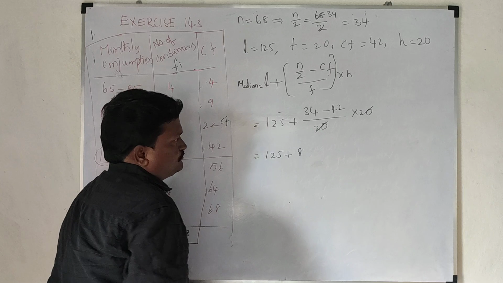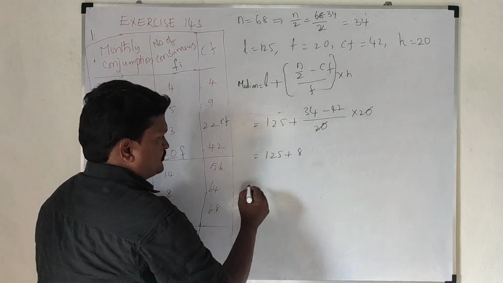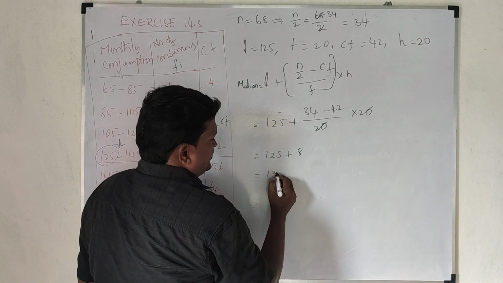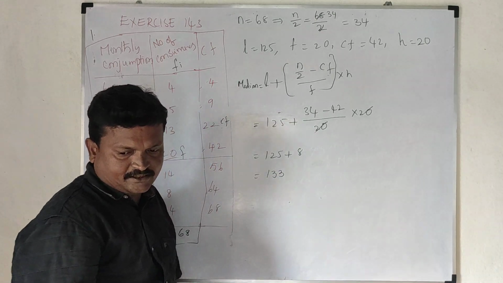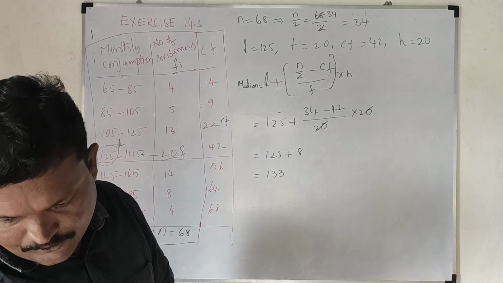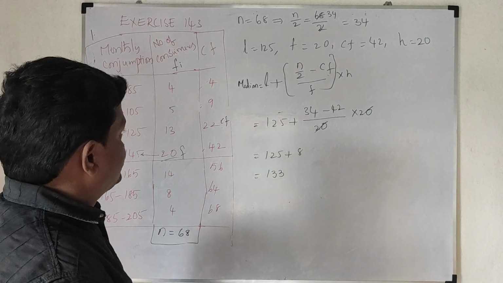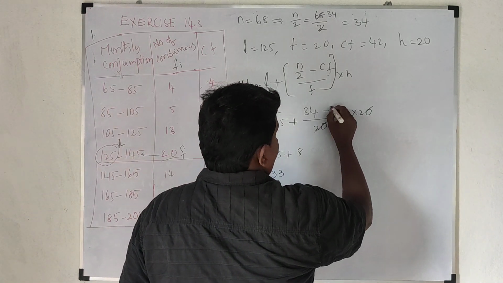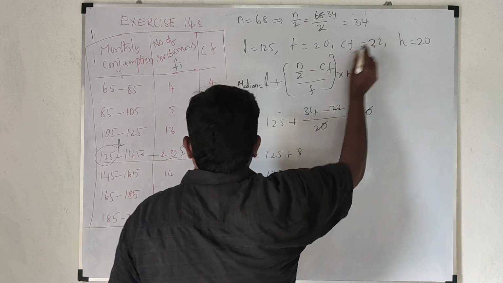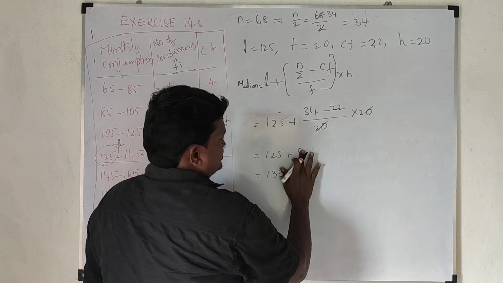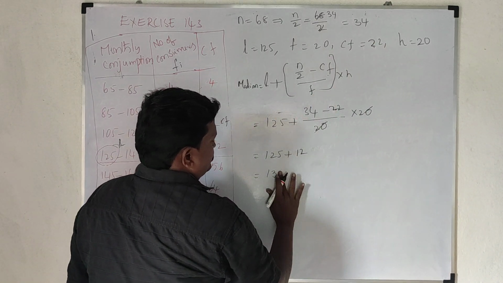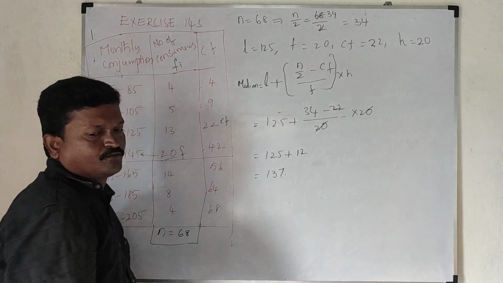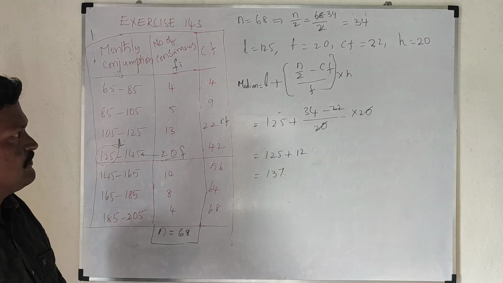That is equal to 133. So this value becomes, okay, CF is how much? 22 it is. It is 22, not 42. So that is equal to 12. That is equal to 137. Okay. Very simple.